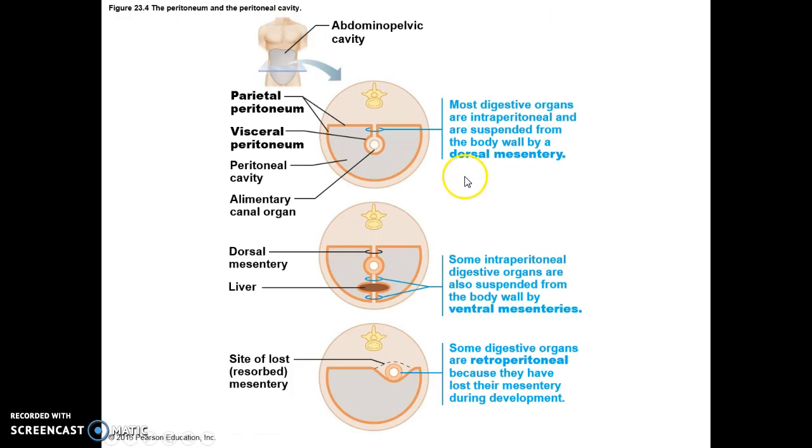The dorsal mesentery, and then finally we have the ventral mesentery. Here, some intraperitoneal digestive organs are also suspended from the body wall in the anterior wall.